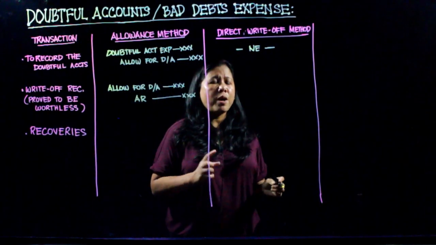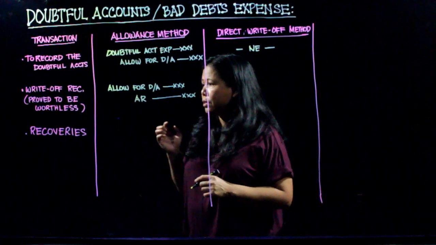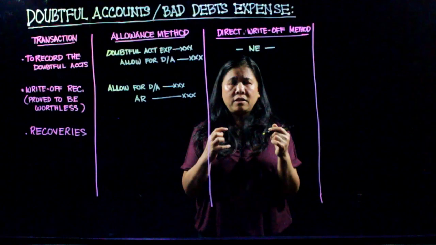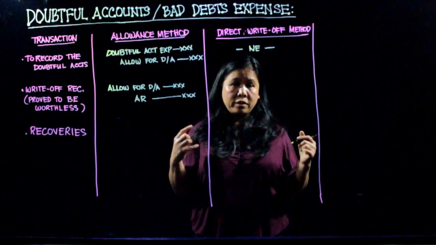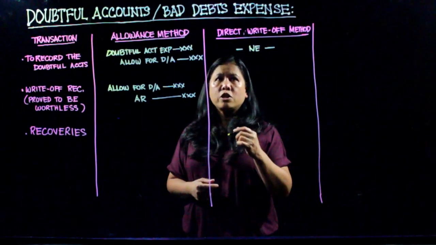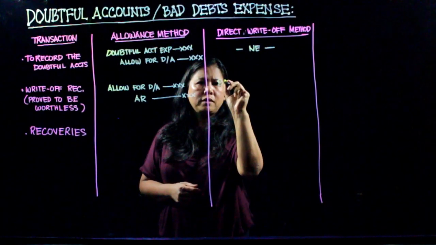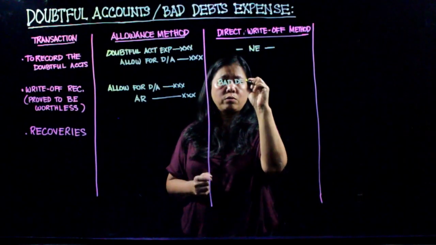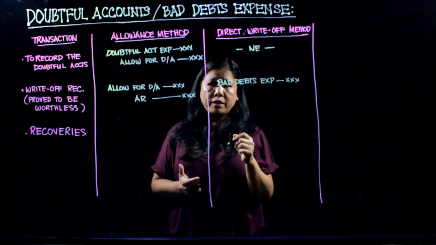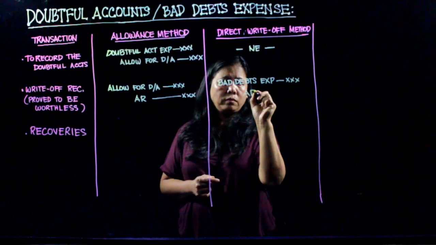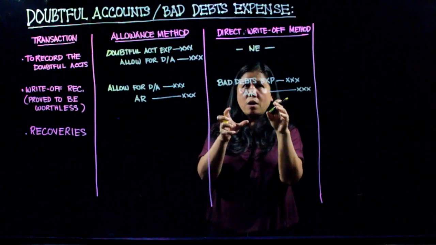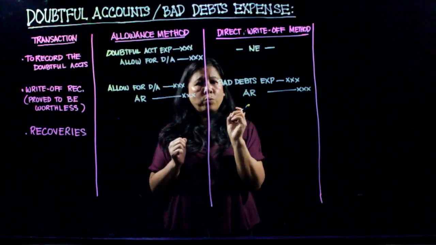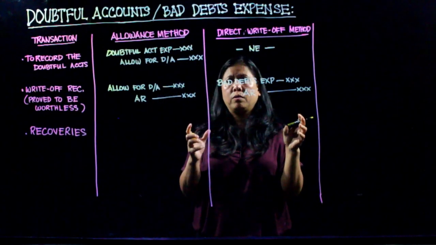Under the direct write-off method, if the receivable is proved to be worthless, then this is the time we are going to recognize a bad debts expense. So we debit bad debts expense, not doubtful accounts, and we credit the accounts receivable. So we directly write off the amount that is worthless to the accounts receivable, right?